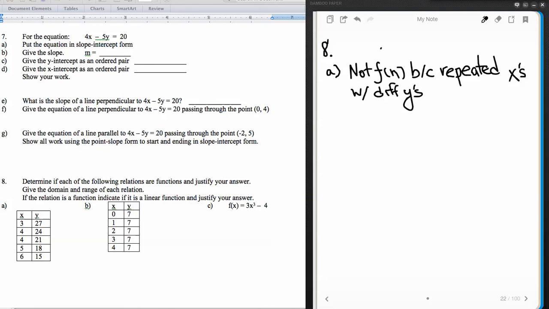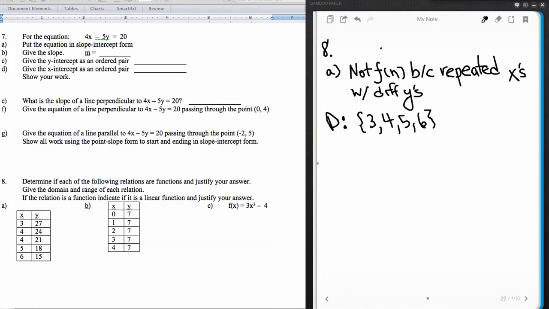Okay, now the next part of this, the second part of the question says give the domain and the range. So domain, we like to abbreviate that with a D, so I'll put a D with a colon, and then I can list these out. So I'm going to use a roster form. 3 and 4 and 5 and 6, those are my x values.